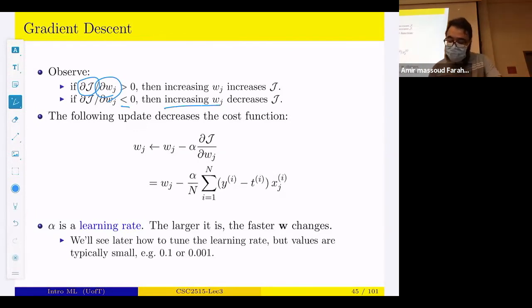So the update rule would be like this: Wj becomes Wj minus alpha times the partial derivative of the cost with respect to Wj, which for our squared error cost function for regression would be Wj minus alpha divided by n times the summation of (yi minus ti) times xji.